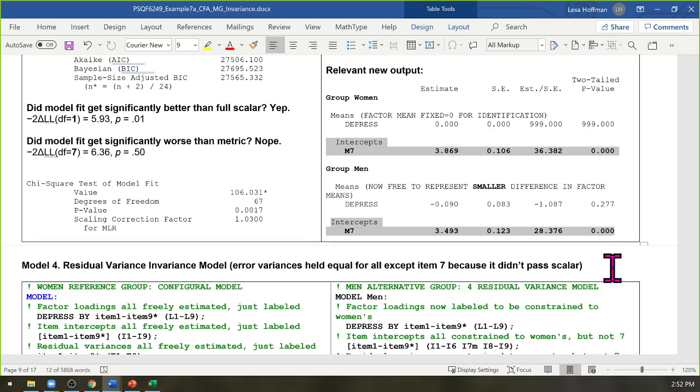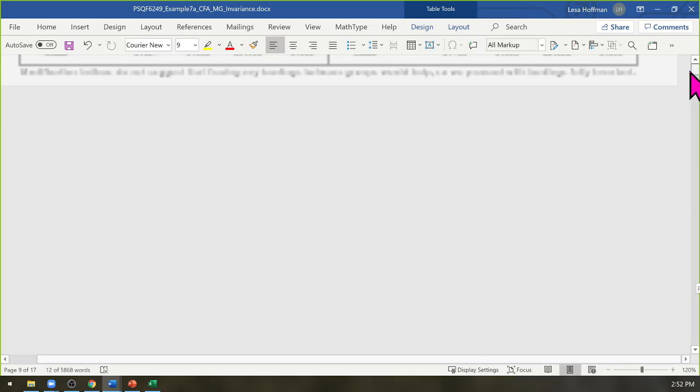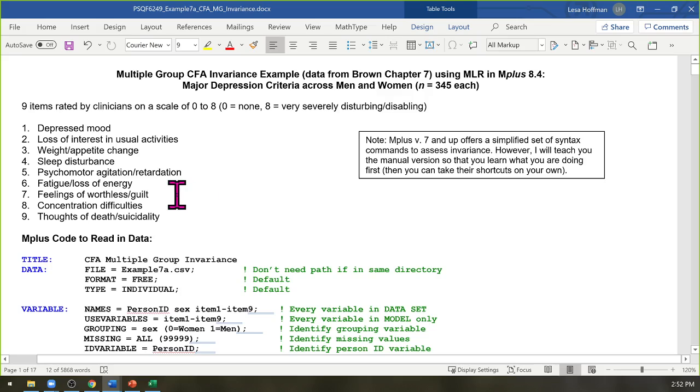There's a latent trait that is supposed to be manifested in all 9 items. And then we have the individual group means for each of the individual items. Anyone curious as to what item 7 is? We go back up here. Feelings of worthlessness or guilt.